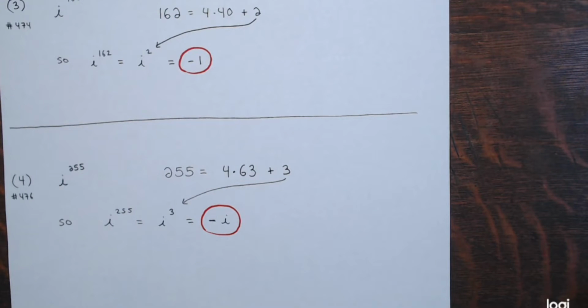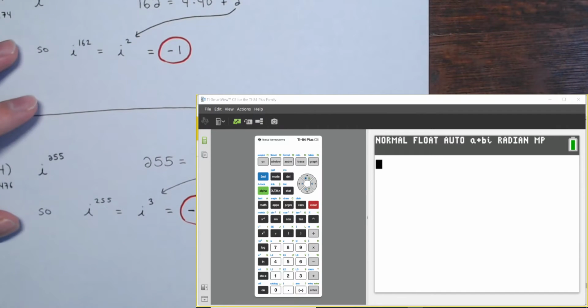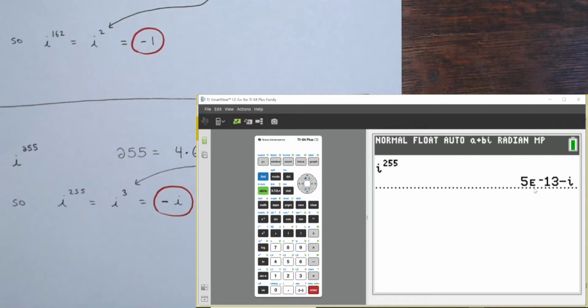Now once again, because the power is so high, it might have the little rounding problems, but let's pull the calculator up again and see. If I put in i to the 255th power, it should just give me 0 minus i. See, 5e-13, that's 5 times 10 to the -13th power.